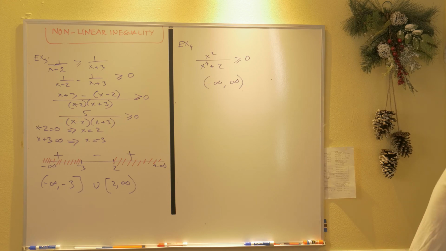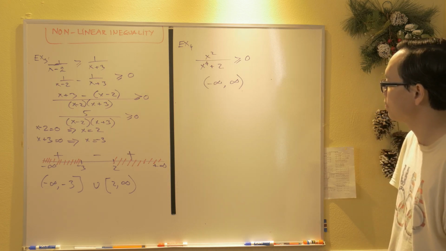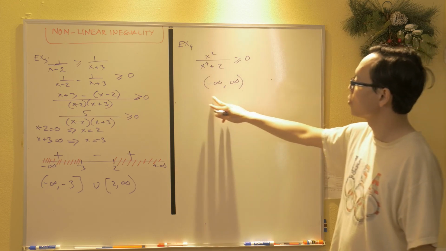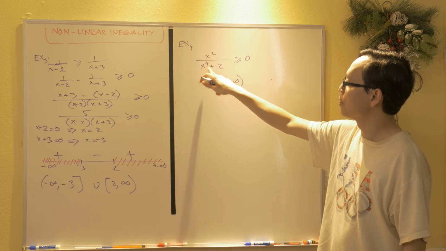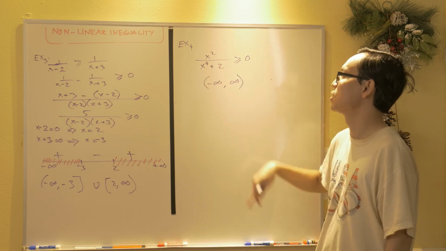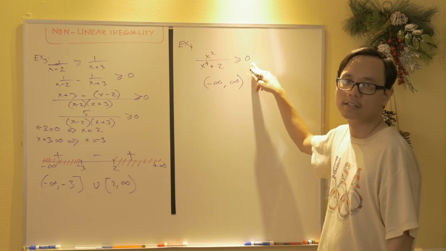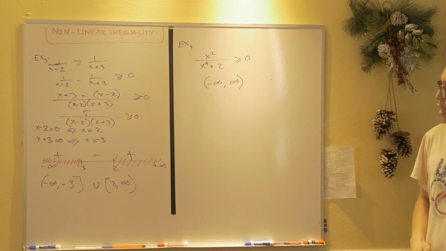So the answer is pretty obvious: negative infinity to positive infinity. This interval also includes 0, because even if you plug in 0 here, 0 over 0 plus 2, which is 2, so 0 over 2 is just 0. So it still satisfies the condition of being greater than or equal to 0.